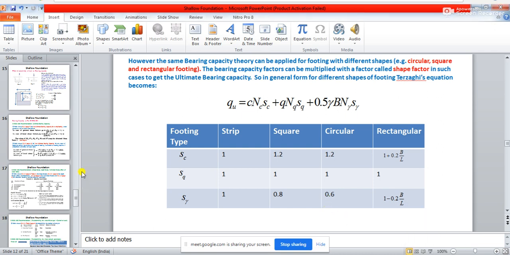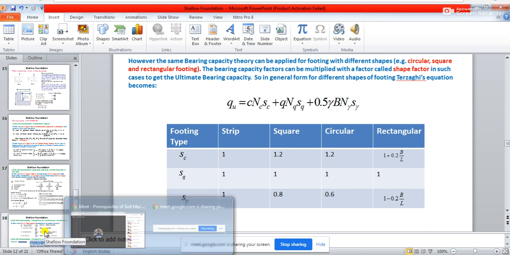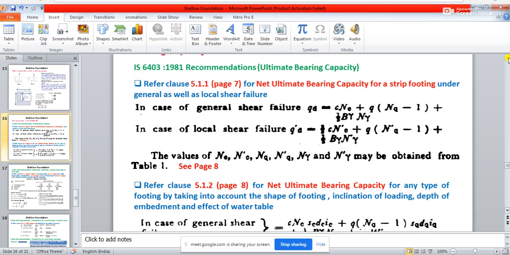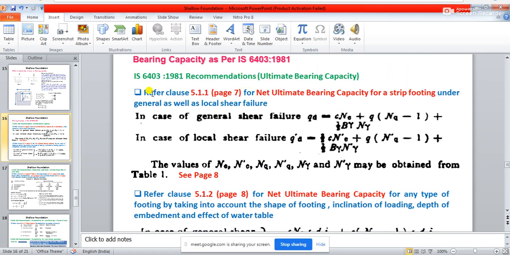The Indian Standard Code, that is IS 6403:1981. I have shared this code with you, right? All of you have the code? Yes, sir. So, please go through the code, okay? Please go through the code.